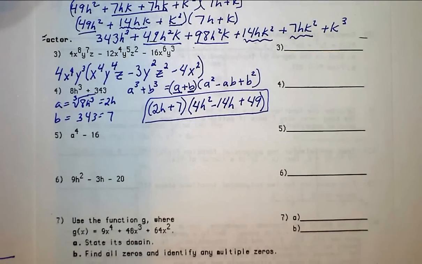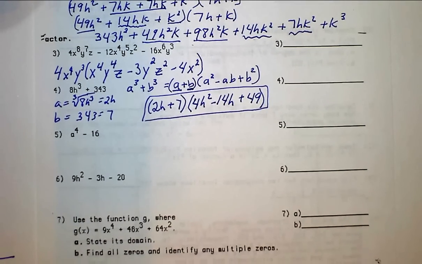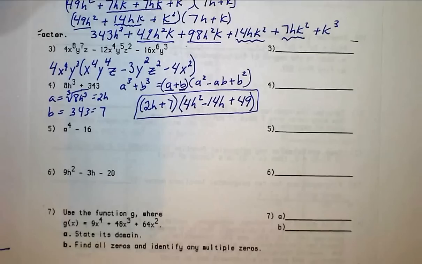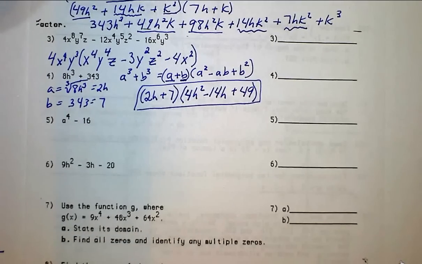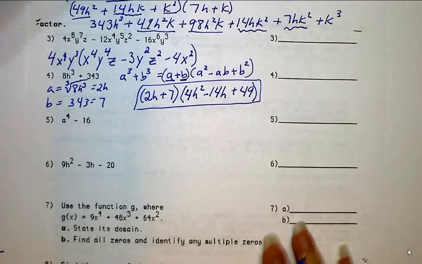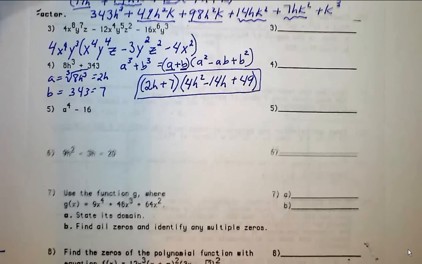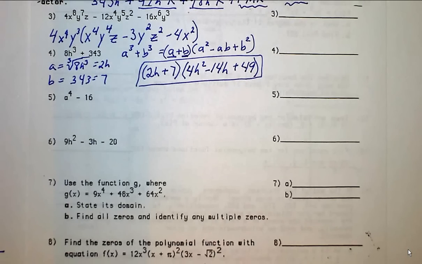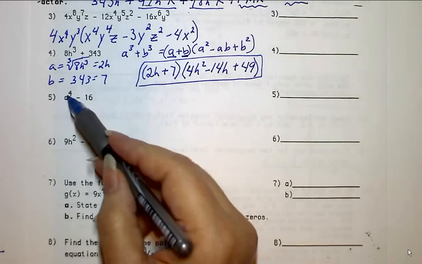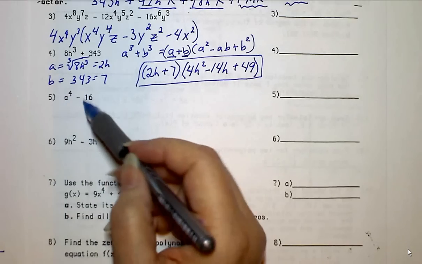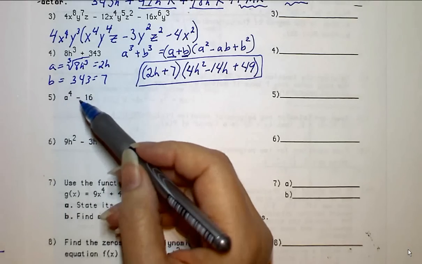Alright, number 5. If you look at 5, you see that we have two terms, and our first term is a to the 4th, and then we have 16 here. Well, we have perfect cubes and we have perfect squares.